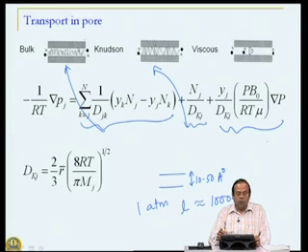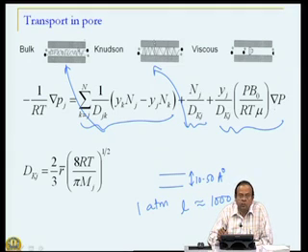So, we have three different phenomena which drive material through the catalyst pore: bulk diffusion, Knudsen diffusion, and viscous force. This is just like a flow through a tube, but in this case the tube is of 10 angstrom or 100 angstrom. So, pressure drop can be significant, and hence this term which involves pressure drop driven.